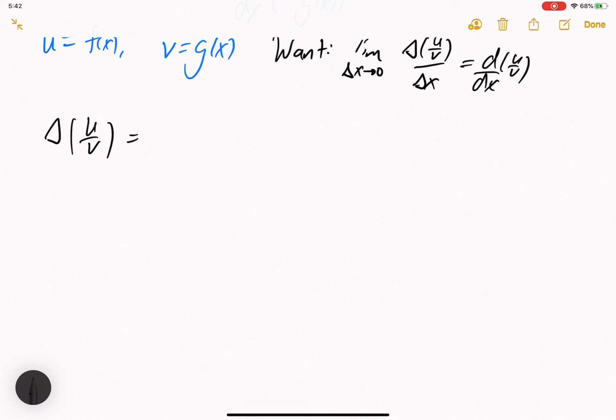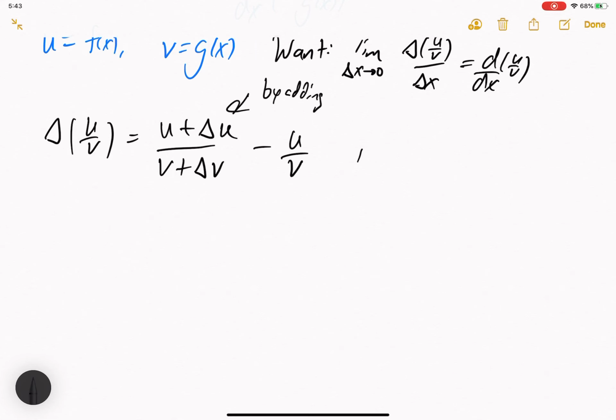I'm going to skip a step, but this basically means we have a new ratio, u plus delta u over v plus delta v, minus u divided by v. We get this by adding a delta x. The idea here is we want to find this change of ratio whenever we change x a bit.